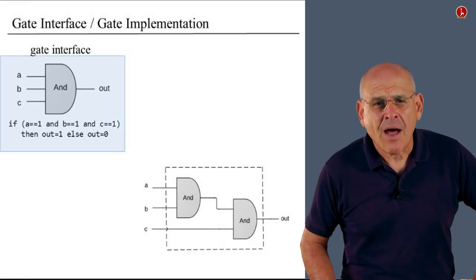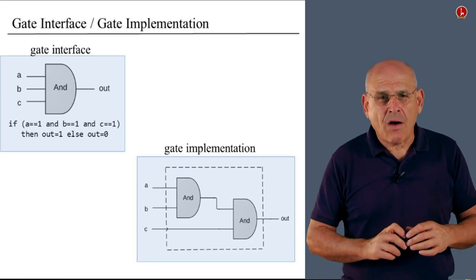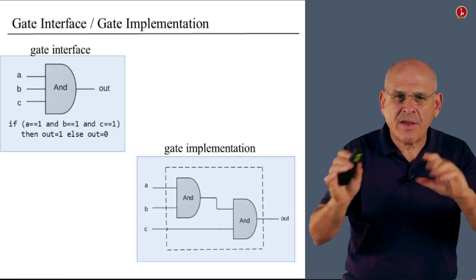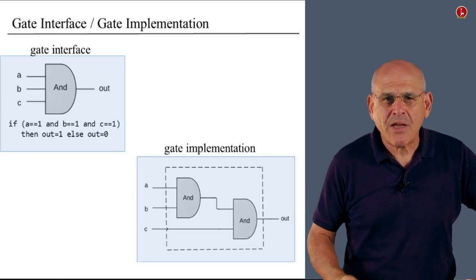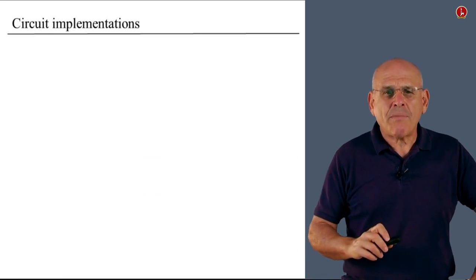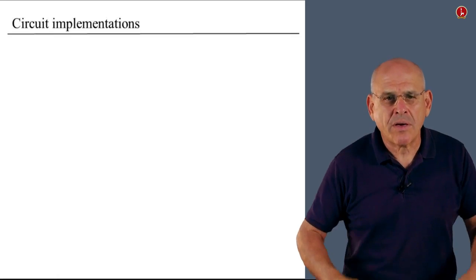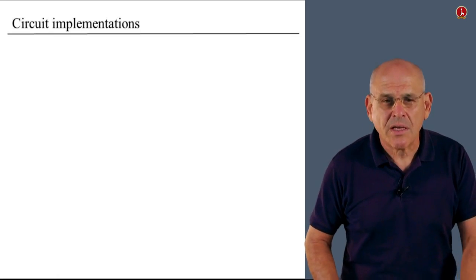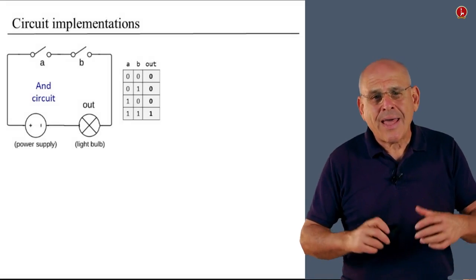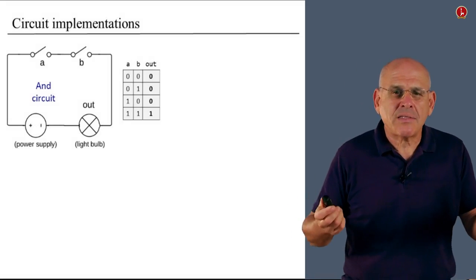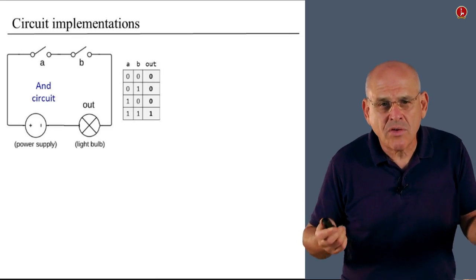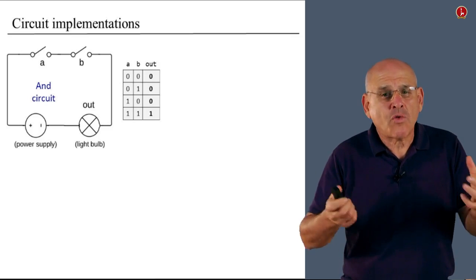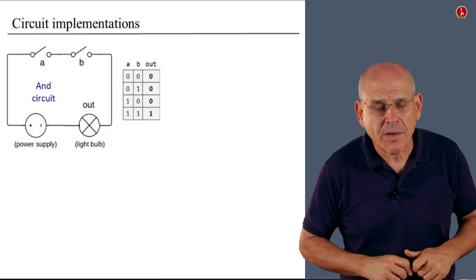All right, now moving along, so we talked about the gate interface and the gate implementation. Let's talk about something known as circuit implementations. If I want, I can realize these gates using hardwired circuits like this one.